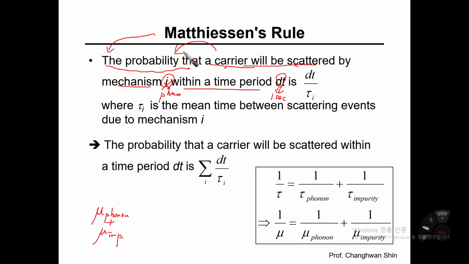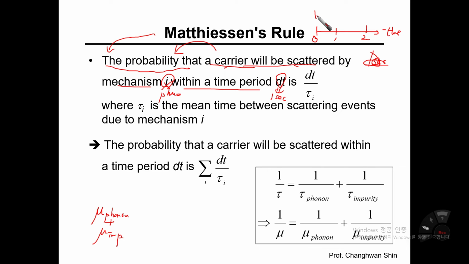What is the probability value of that? Let's say this is time, and we can start at 0, 1, 2. Suppose that phonon scattering happens every 2 seconds.